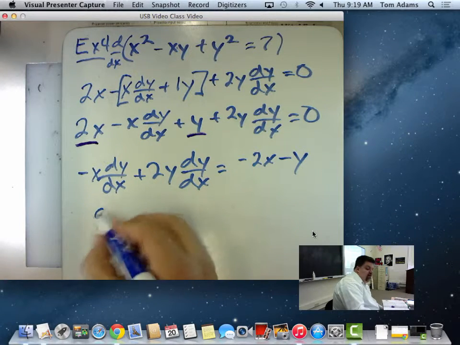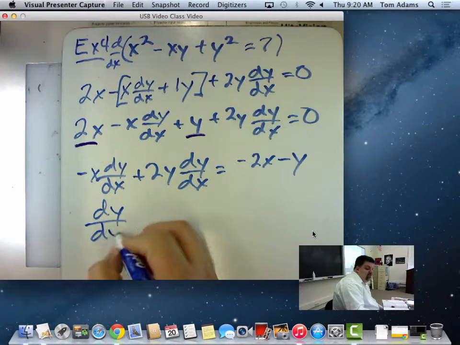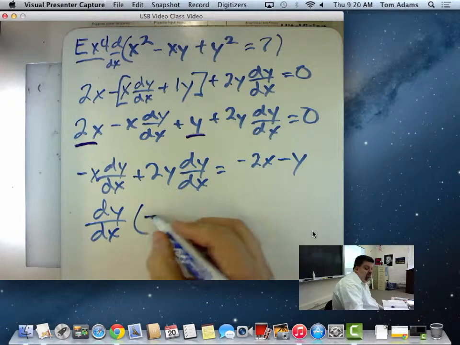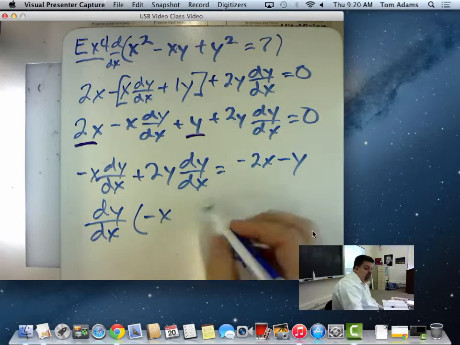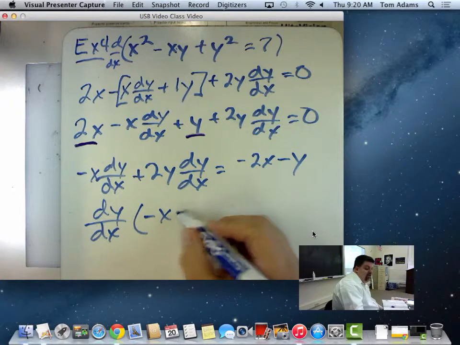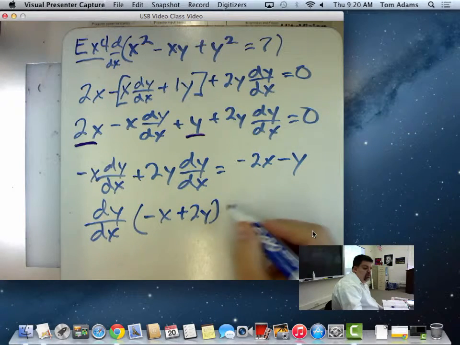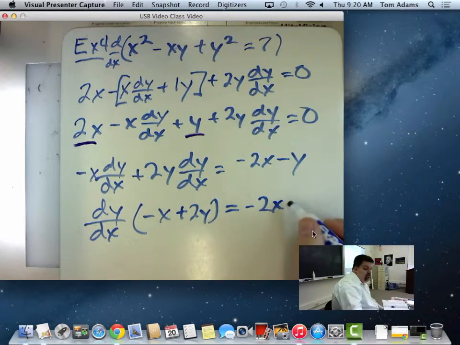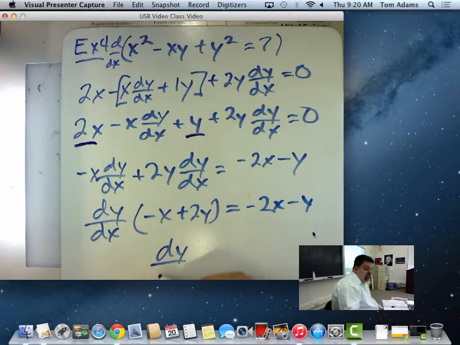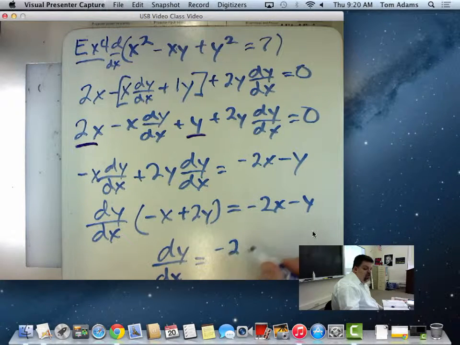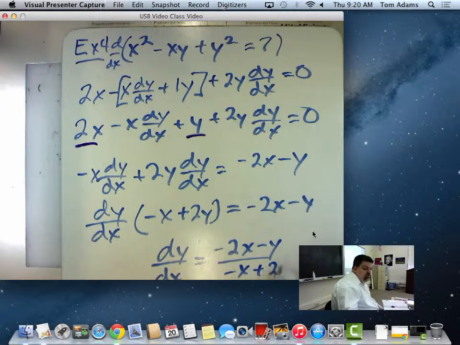Yes. Now I'm going to factor out dy dx, so you're going to multiply by negative x plus 2y equals negative 2x minus y. And so when I divide both sides by that quantity, I get negative 2x minus y all over negative x plus 2y.